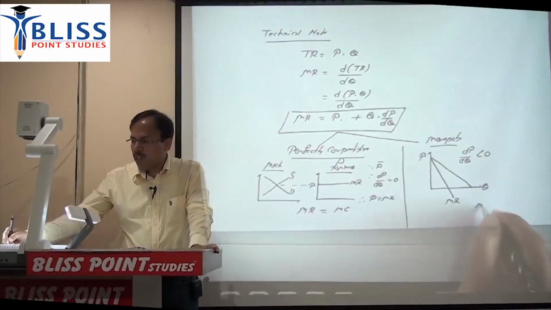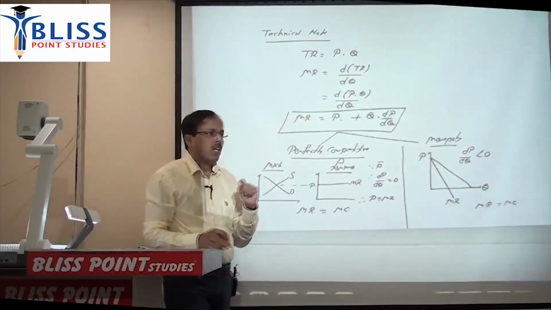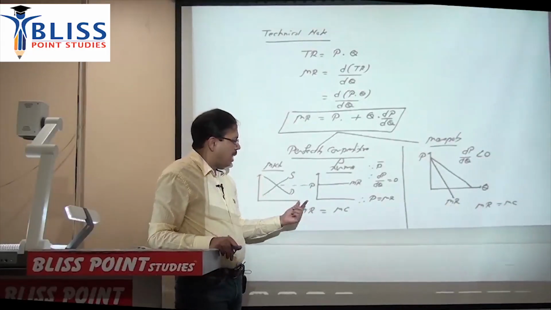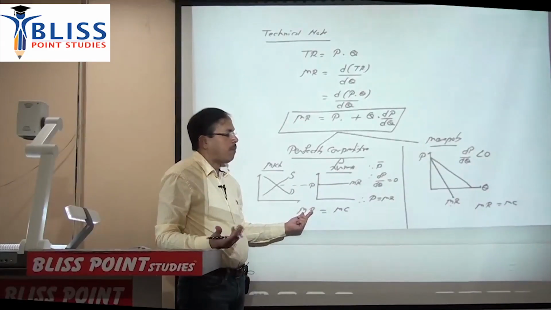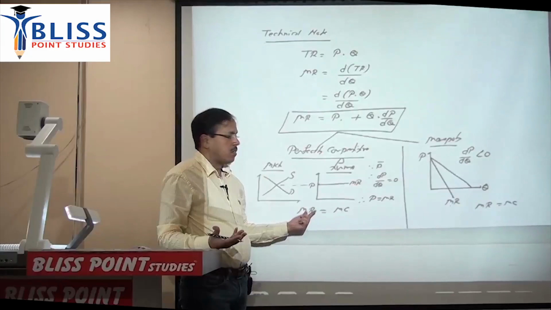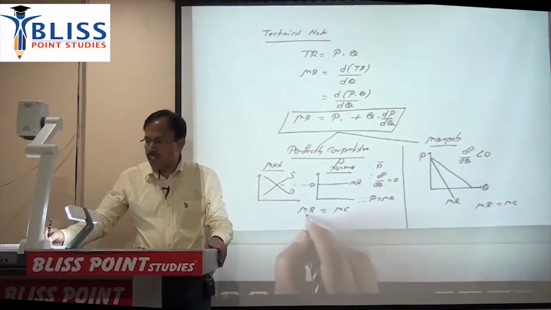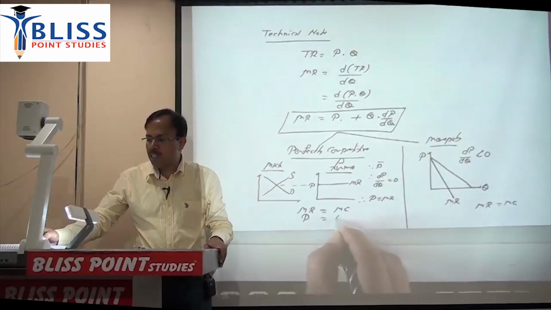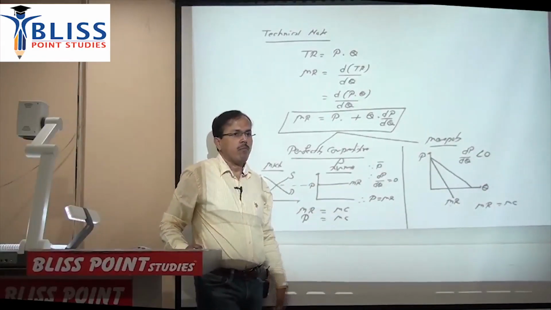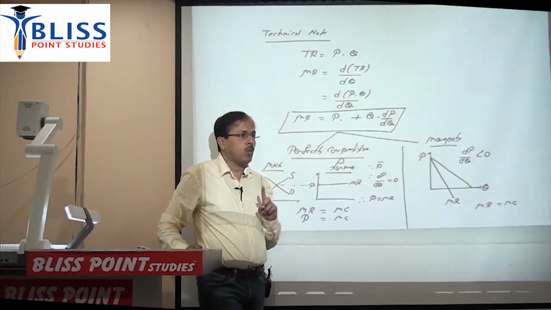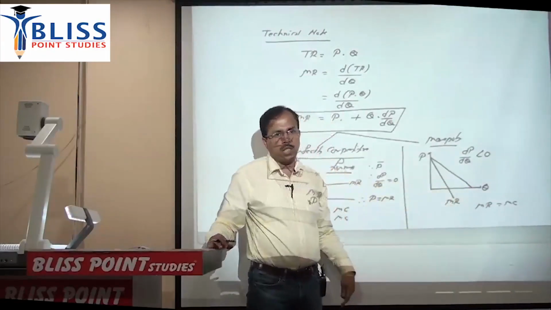In this case you equate MR to MC, and under perfect competition, in place of MR you can write price. So what is the value of P equal to? Under perfect competition, instead of MR you can use price, but not in monopoly, because in monopoly price is not equal to MR, so you have to always write MR equal to MC there.